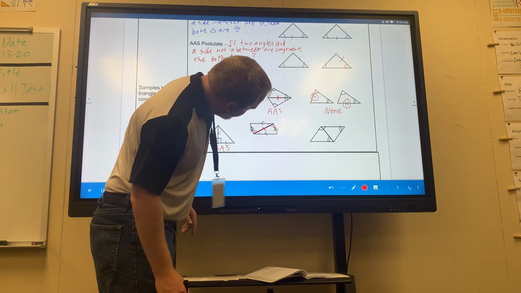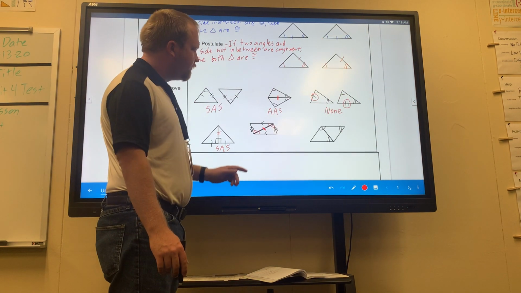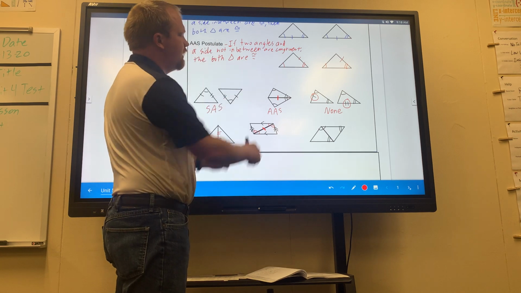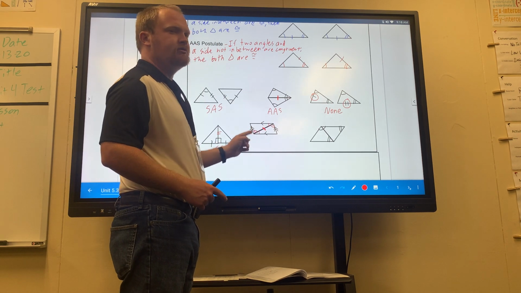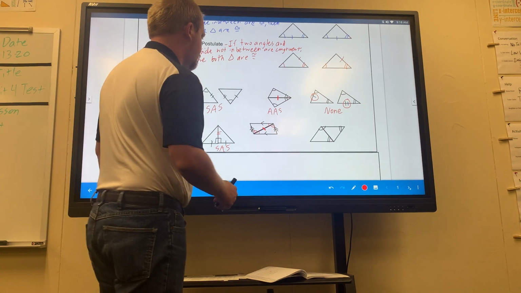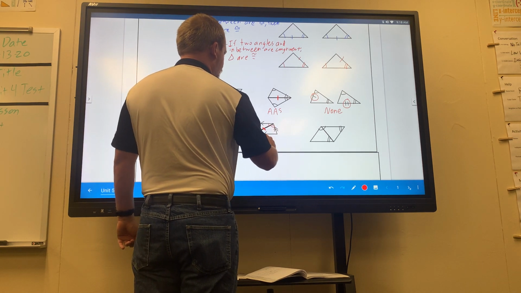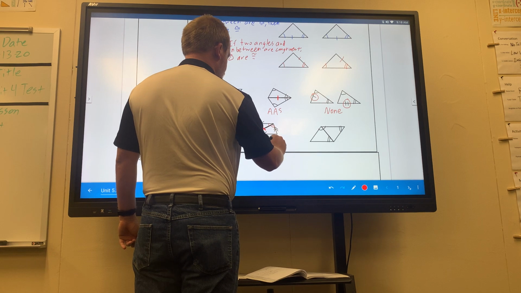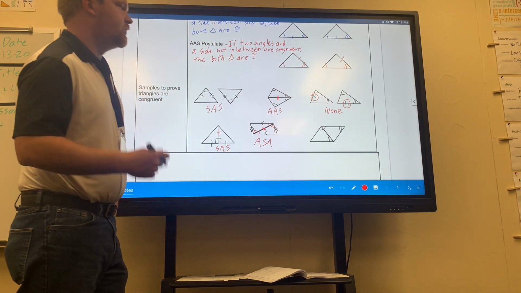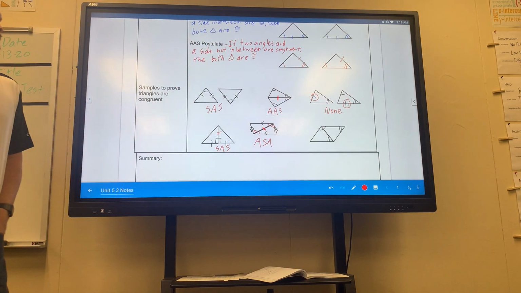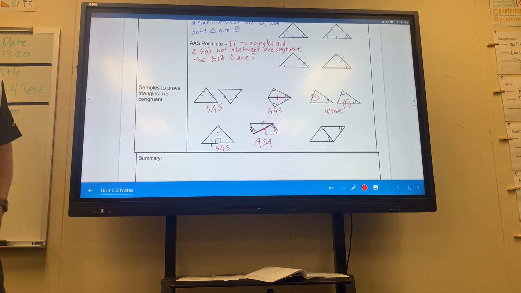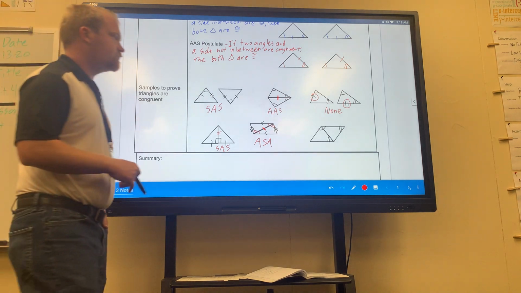So if I look at the side going up, these will be alternate interior. So looking at it, I have angle, side, angle, angle, side, angle. That helps me determine that those two triangles are congruent.